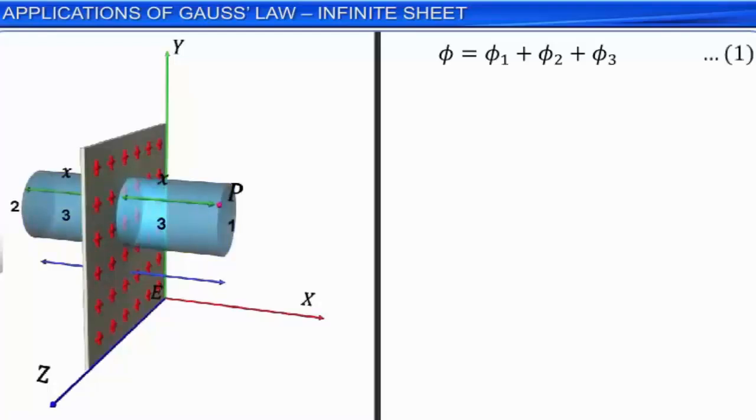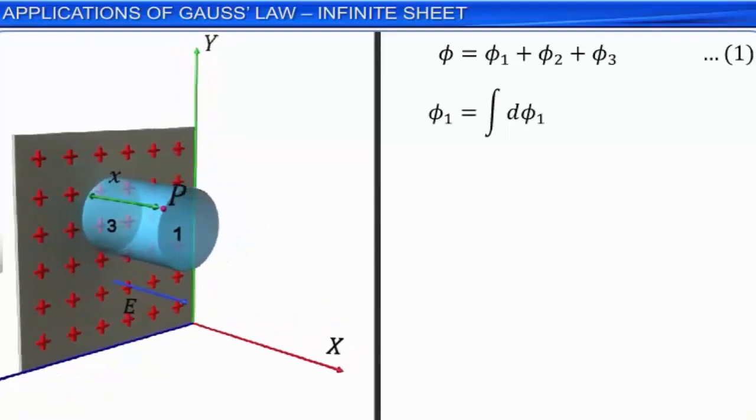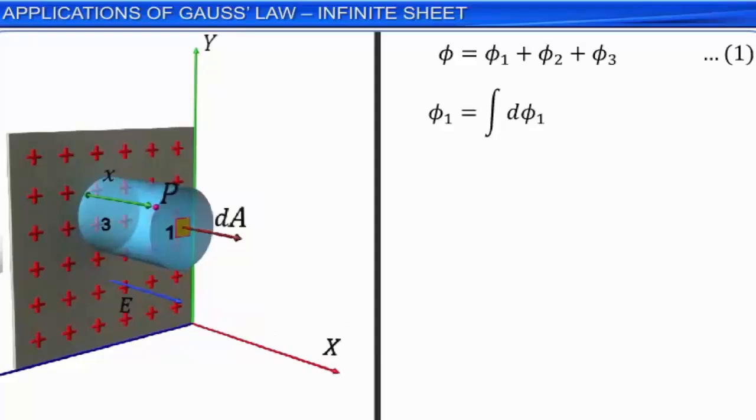Let us first calculate the electric flux phi 1 through surface 1. According to Gauss law, we can write phi 1 equal to integral d phi 1. Here, d phi 1 is the electric flux through a small element of area dA on surface 1. d phi 1 is equal to E dot dA, where E is the electric field strength at the local element considered, and dA is the area vector with respect to the local element considered.